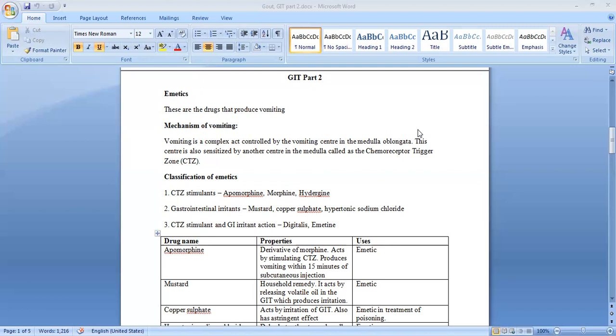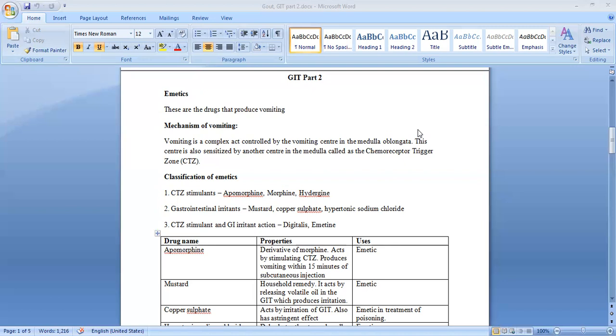These emetics that we use are classified into mainly three categories. The first category of drugs are the chemoreceptor trigger zone stimulants. That includes compounds like morphine, apomorphine, and hydergine. Hydergine, you remember we talked about in the previous class. It is one of the derivatives of ergot. Then we have the second category of compounds, which are the gastrointestinal irritants, compounds like mustard, copper sulfate, and hypertonic sodium chloride.